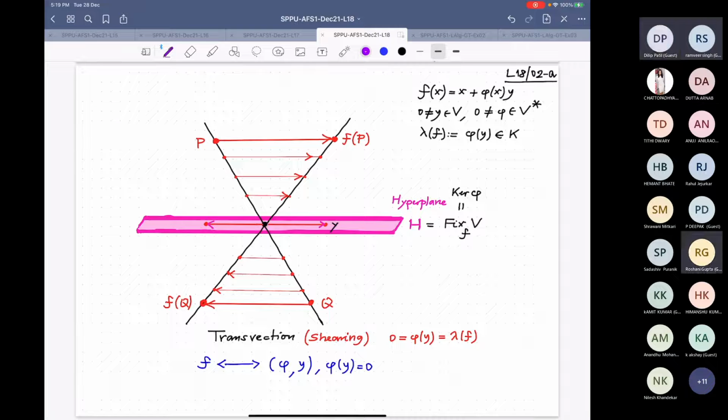This means that vector y is in the hyperplane. This big shaded thing is a hyperplane for me. If I take a point P outside this hyperplane and apply F, I will get a point outside the hyperplane. Not only that, that line will be parallel to the hyperplane. That means this line will not intersect with the hyperplane.